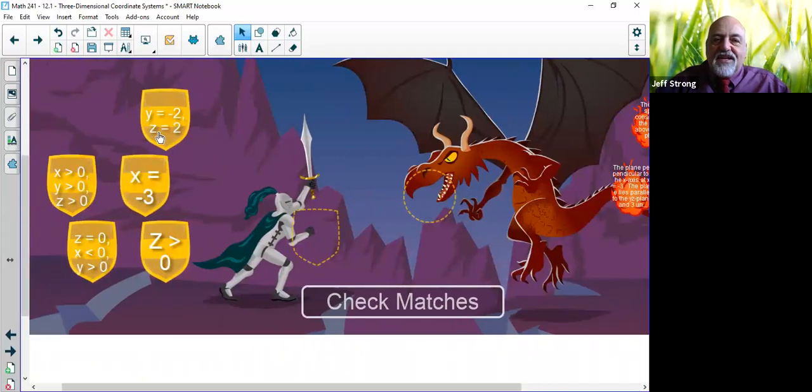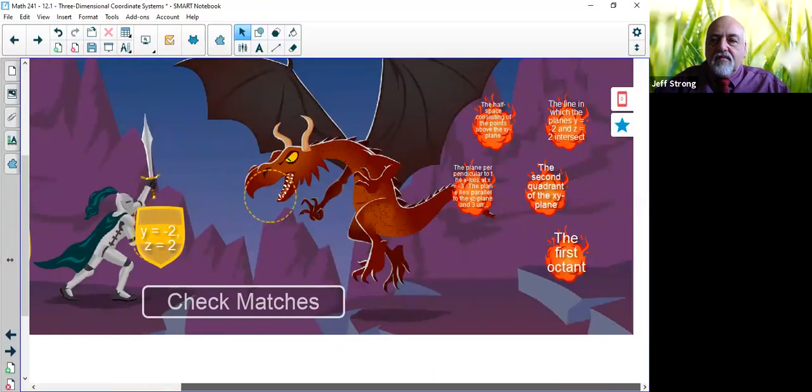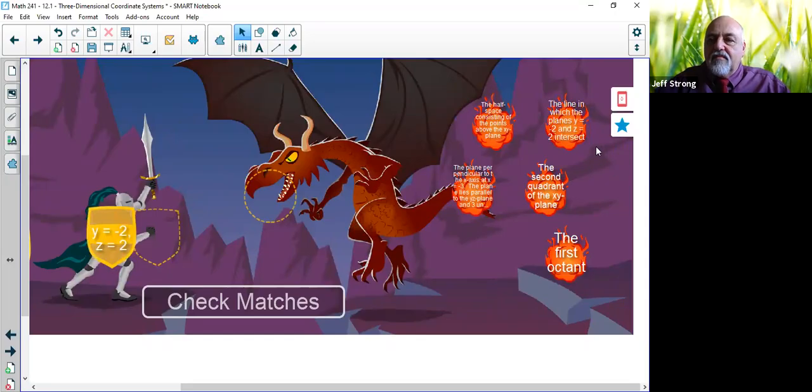Okay, y equals -2 and z equals 2. All right, the line in which the planes y equals -2 and z equals 2 intersect.